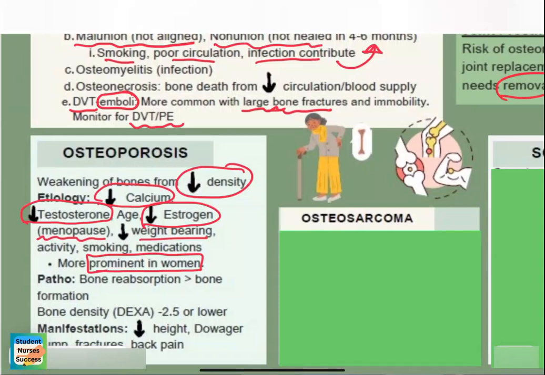Smoking and medications can also impact bone density. What we basically have is bone resorption, which is going on all the time in our bodies, is more than bone formation. And so we're just in a losing battle with that.